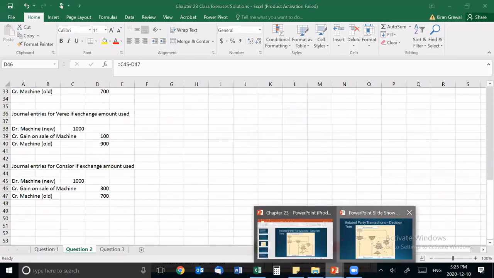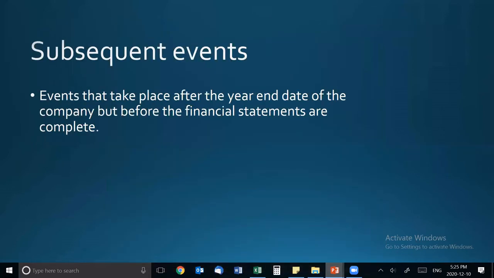All right, so let's go to the next topic now, subsequent events. So subsequent events are events that take place after year end, but before the financial statements are complete. So if you just do a little timeline, let's say year end is here, December 31st, 2020.